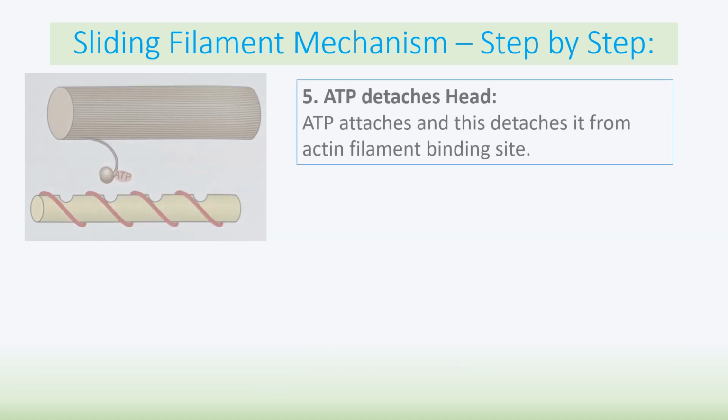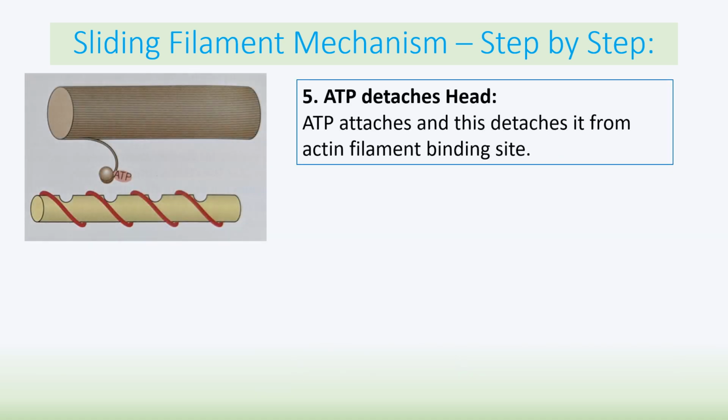Now, because the ADP has been released, there is room to attach a new molecule to the myosin head. So a new ATP molecule is attached to the myosin head, and that detaches the head from the binding site, and therefore the myosin head has become removed from the actin binding site.